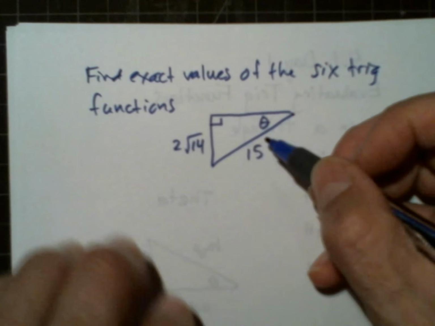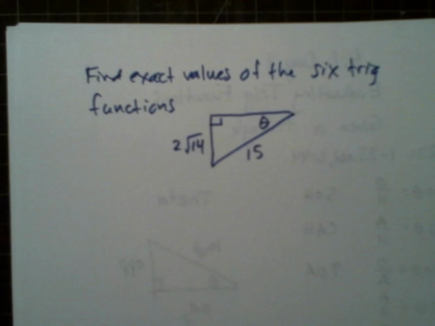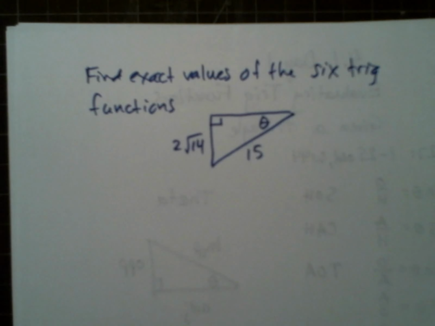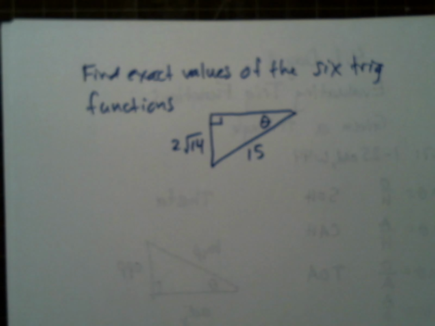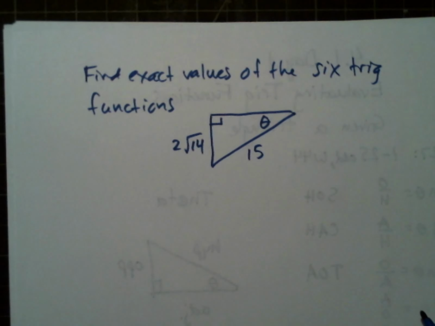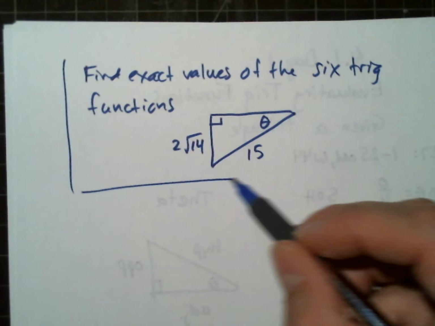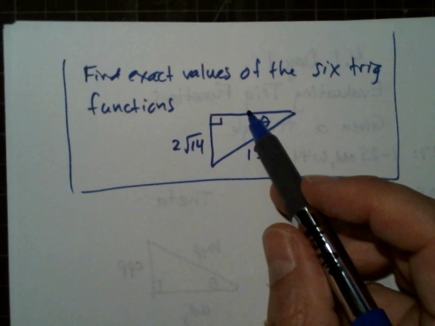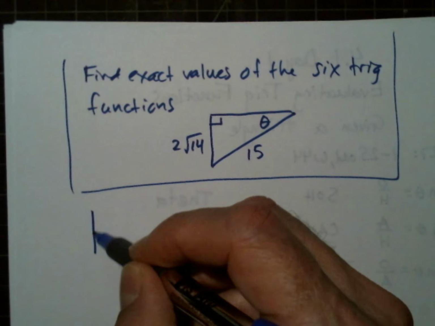And these trig ratios are only for right triangles. Okay, so before we start, we have to use the Pythagorean Theorem to find the missing side.